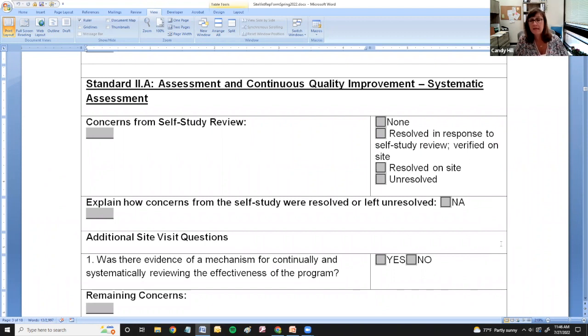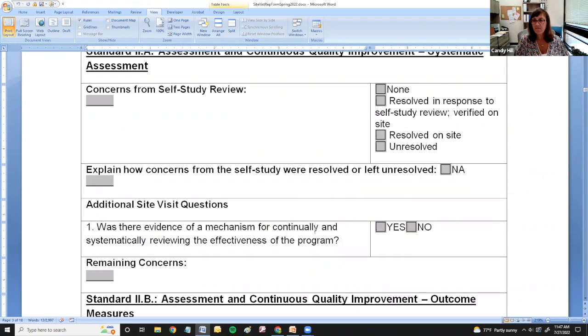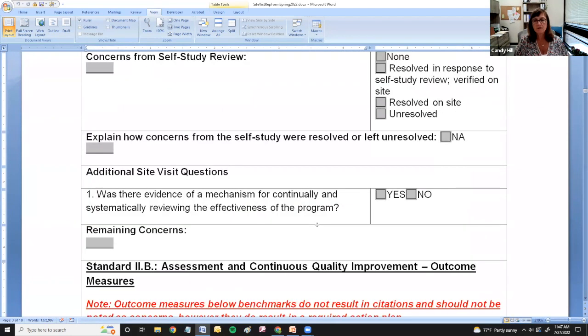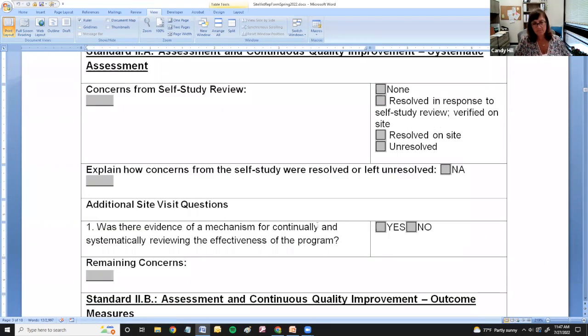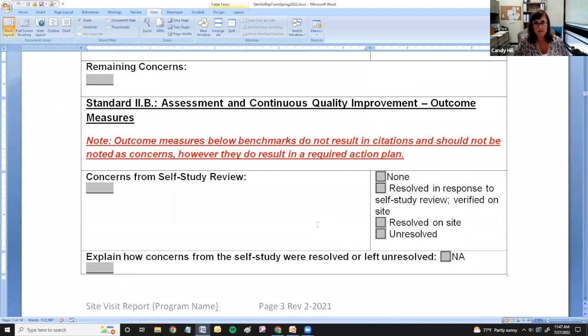You'll see things like this throughout this document. My advice is read the questions, make sure that you know where to put your hands on that information if they ask you for it, or if it was a concern in your self-study, then you want to make sure that you have proof of that documentation so that the site visitors can, again, check yes to all of these questions.